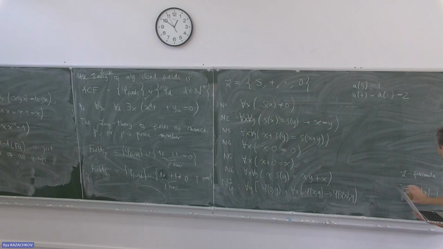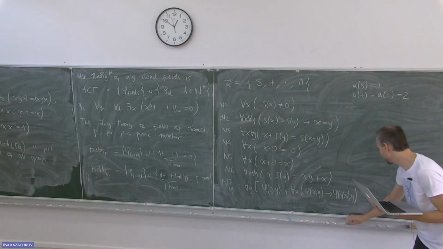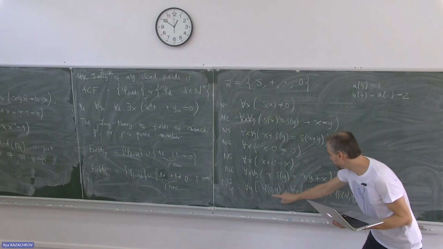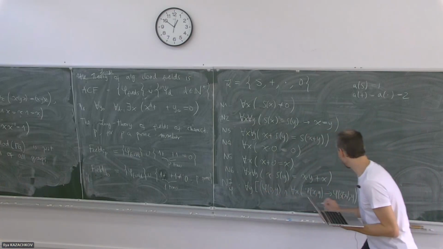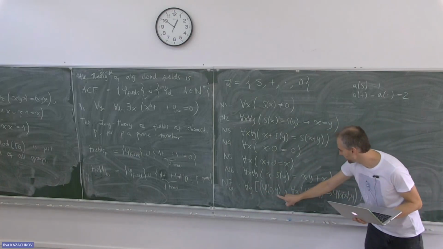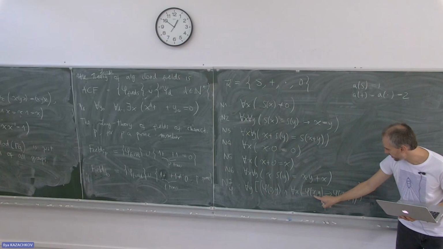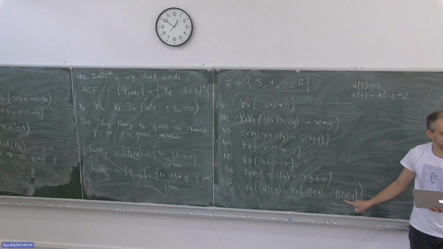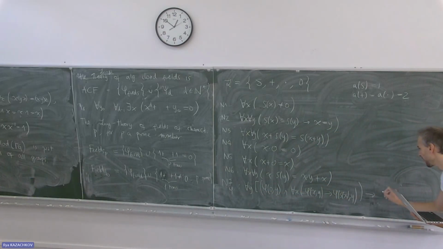So if these two things hold, right, that 0 is satisfied in this formula, and that if x is satisfied, then the successor is satisfied, then the formula holds for every x.